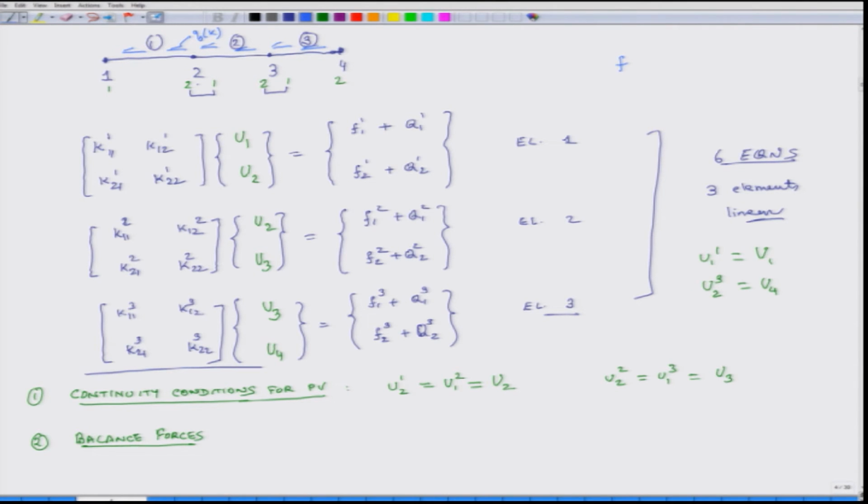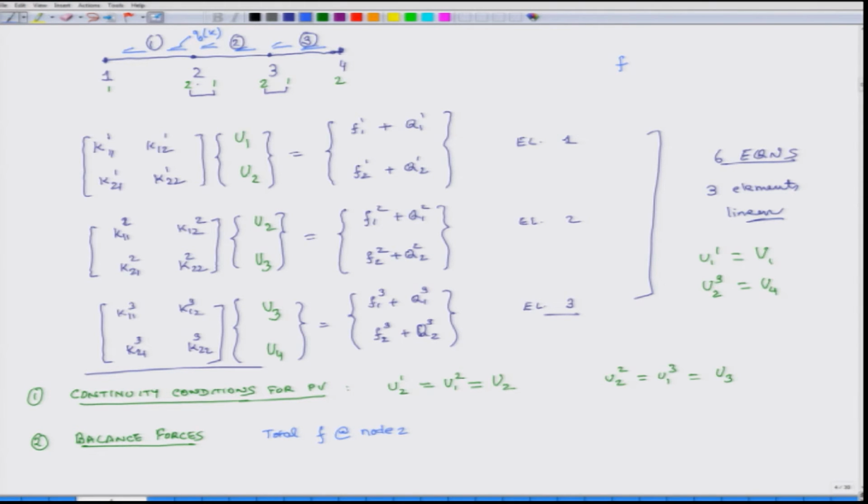So, what I know is that the total force at, let us say, node 2 is partially due to forces on element 1 and also due to forces on element 2. It is not due to forces on element 3, right. So, total F at node 2, and this F is only due to this distributed force.